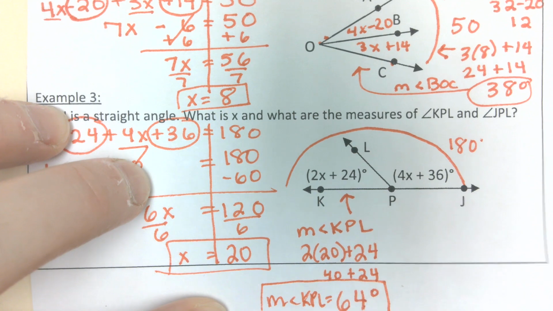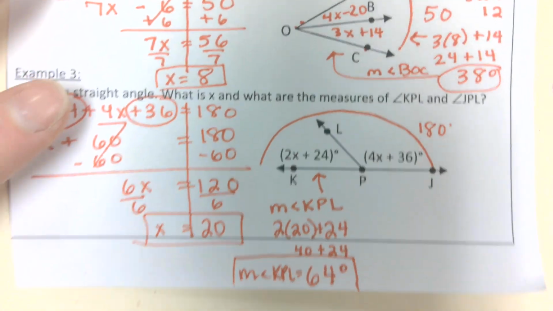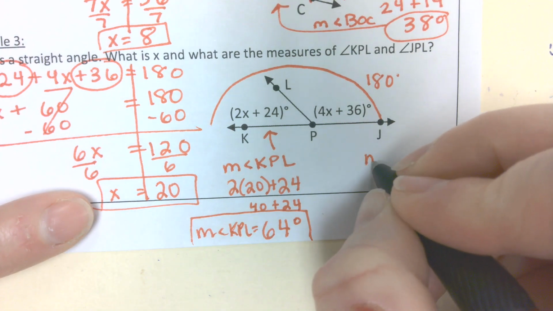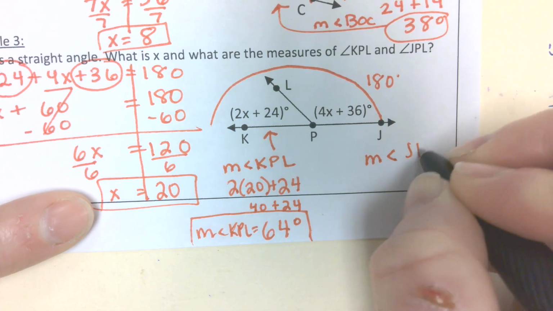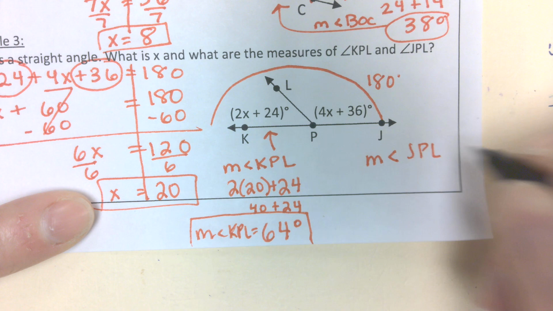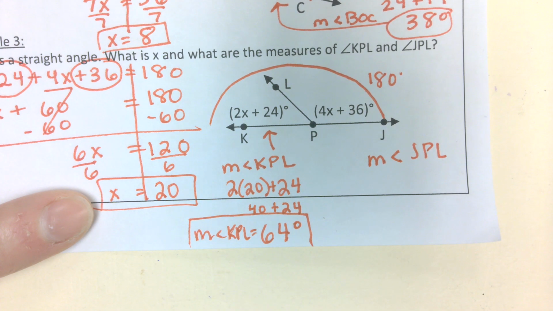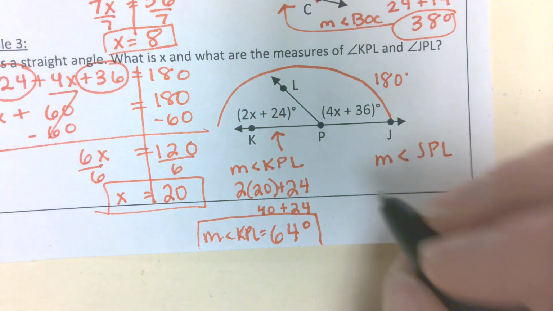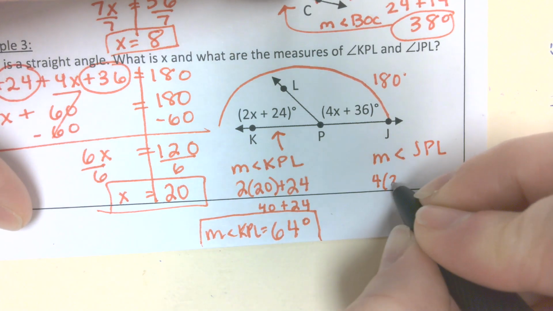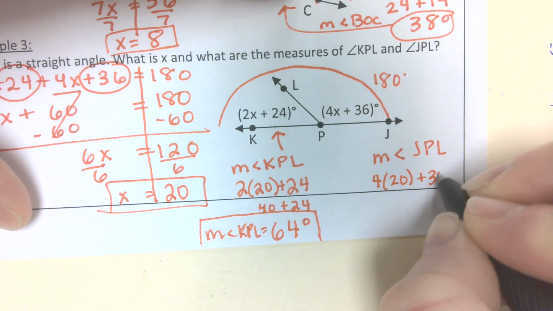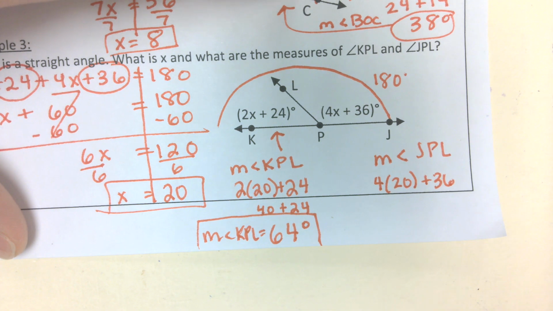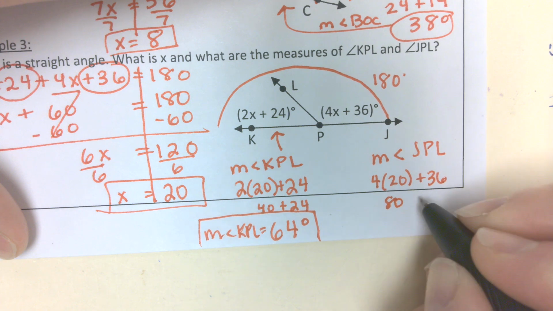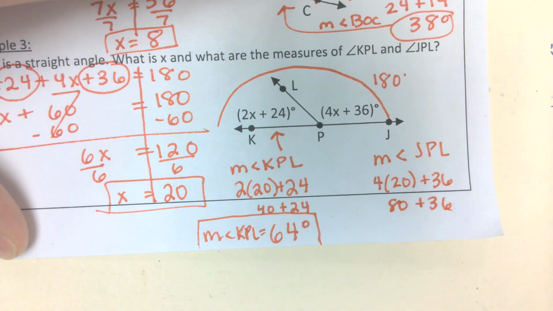All right, we got the first one done. All right, the next one is measure of angle JPL. So do substitution on this one. So 4 times 20 plus 36. 4 times 20 is 80 plus 36.